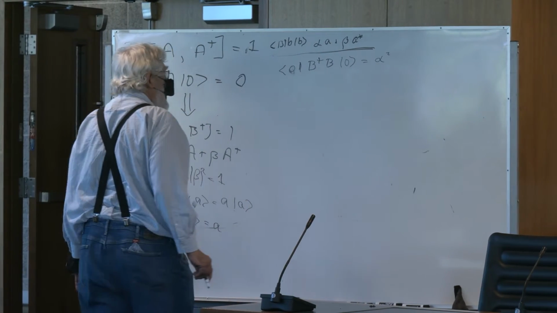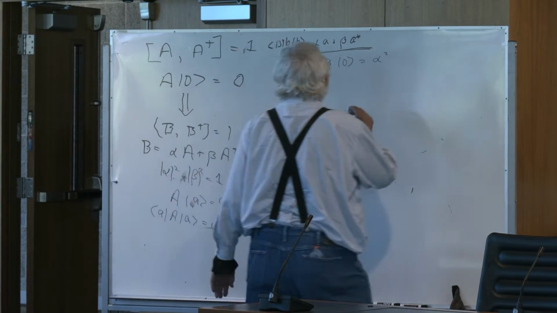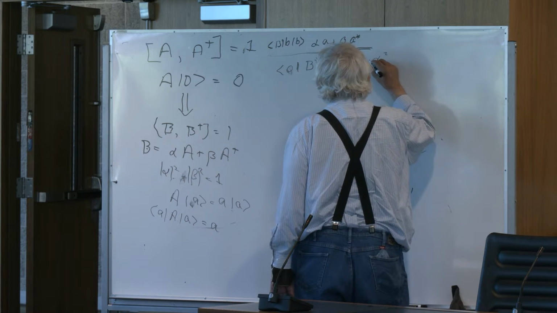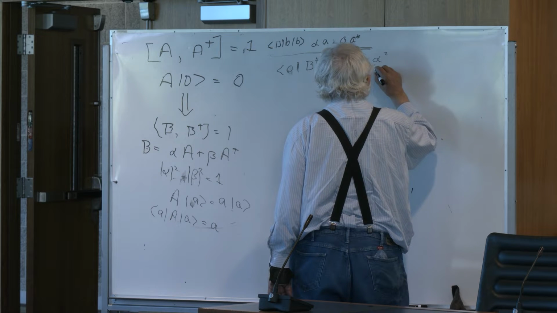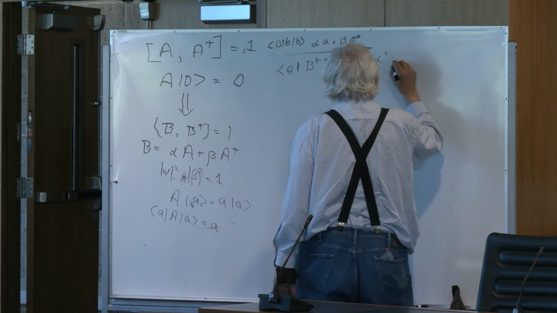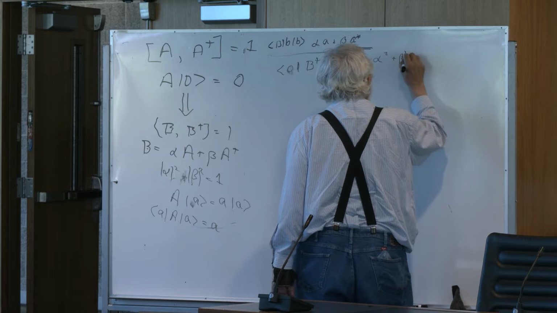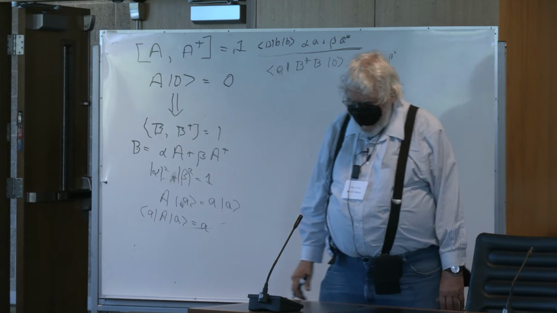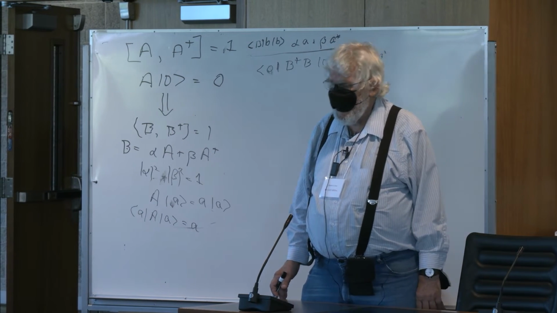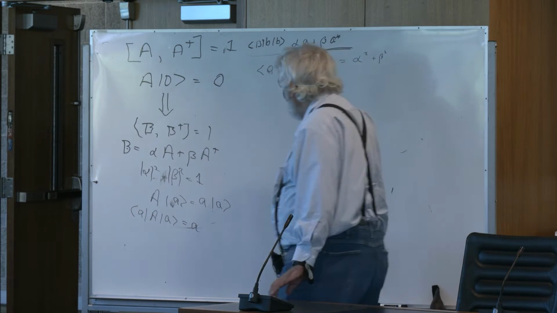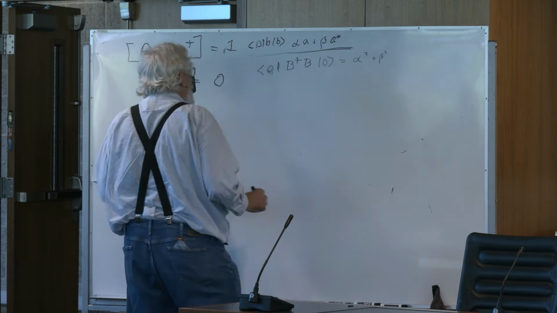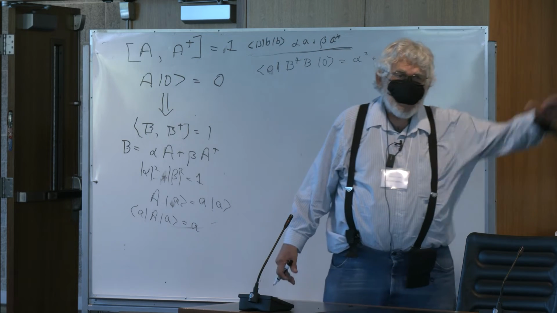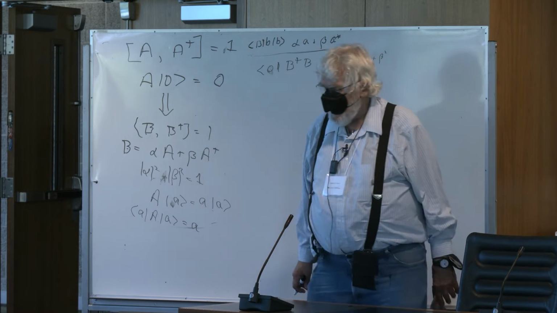This has got to be real. It's alpha squared plus beta squared, I believe. And so we get extra noise. However, as I mentioned before, this guy is phase sensitive, so it makes some things bigger and some things smaller.